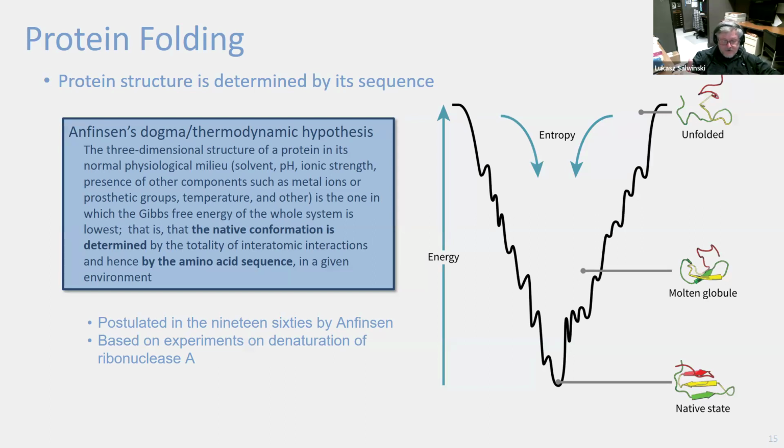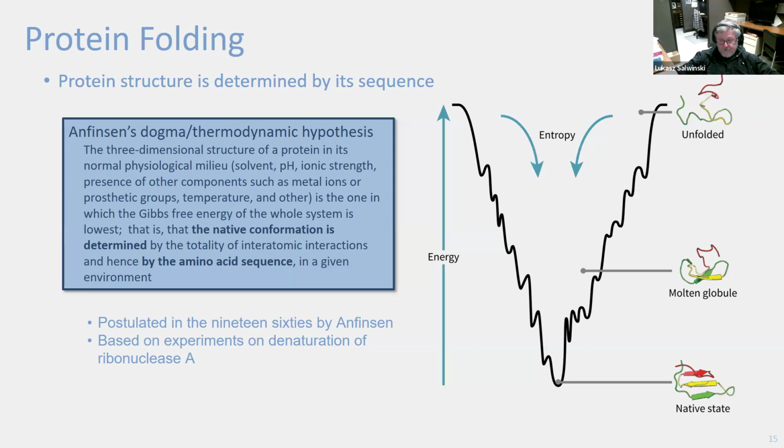The long version is the longer statement that you see on the screen. The essence of the observation is that the protein in its native state is at a minimum of its free energy.